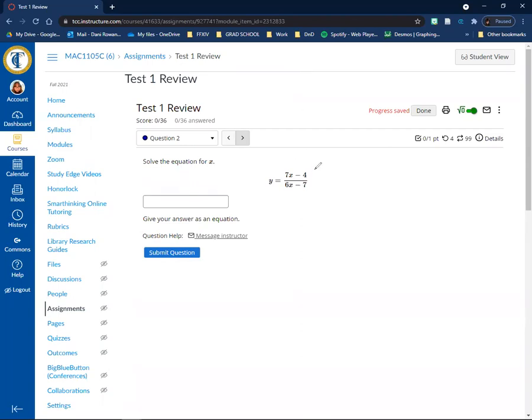So we're going to need to multiply that denominator on both sides. Okay. So if we rewrite this, we have y times 6x minus 7 equals 7x minus 4, as anything over itself is equal to 1, so those are able to cancel out.